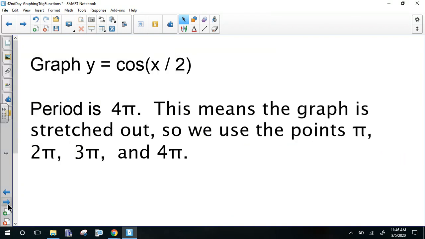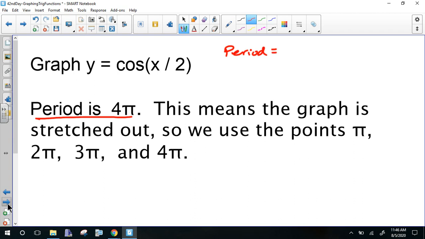So we're going to graph y equals cosine of x over 2, or 1/2 x. So the period is 4 pi. We get that by taking 2 pi divided by 1/2. We get 4 pi.